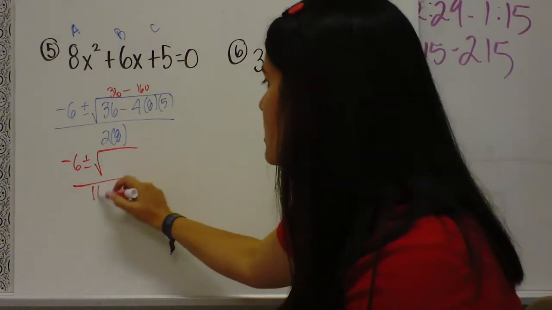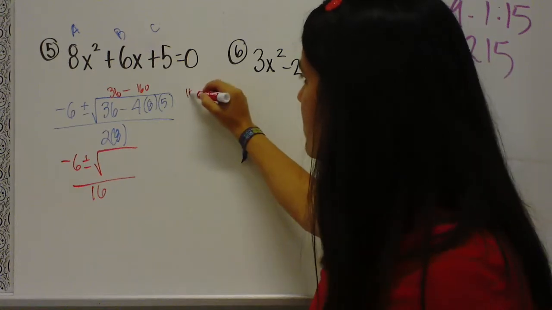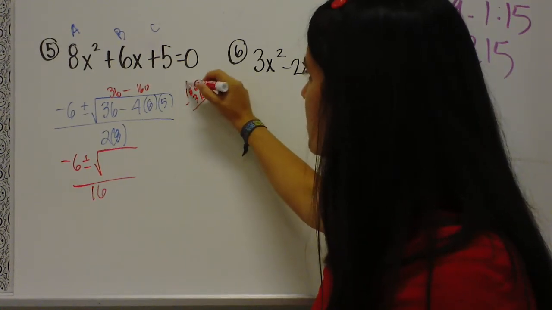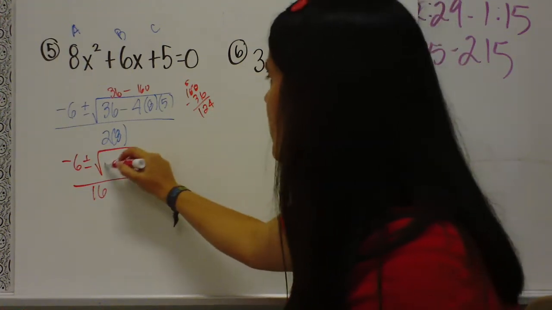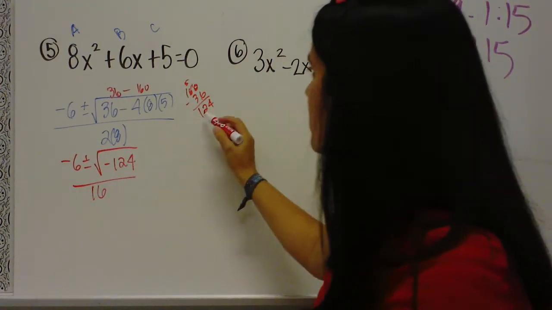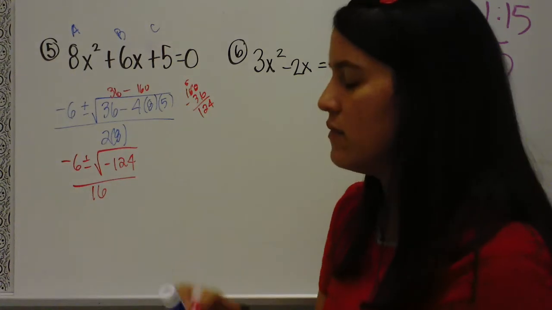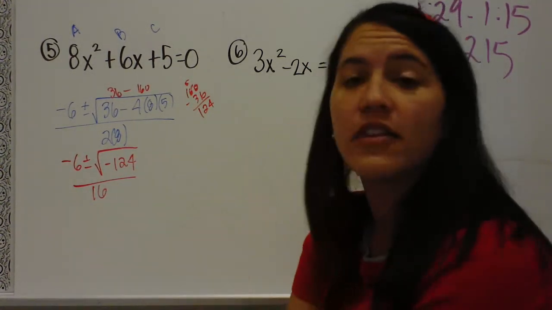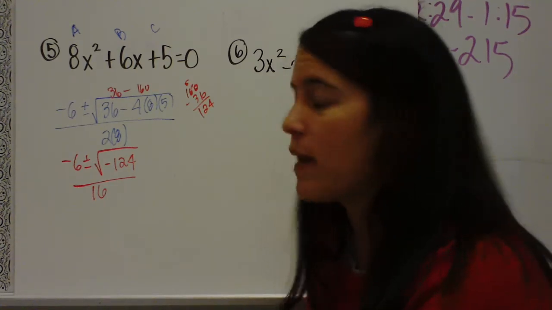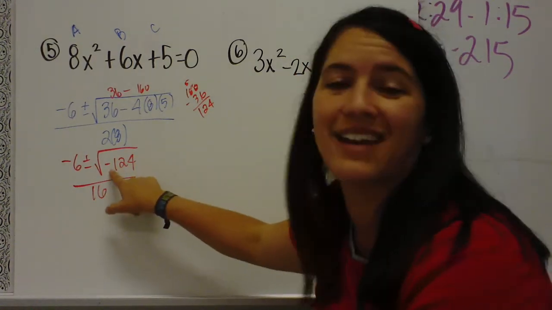All over 16. So then 160 minus 36. 10 minus 6 is 4. So negative 124, because that would be a negative. Oh, I hope that's right. Double check my math. So now this brings us to something we've talked about before, the square root of a negative number.